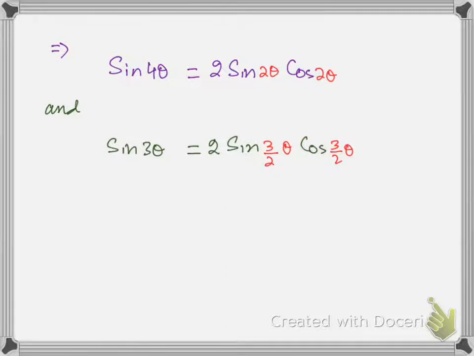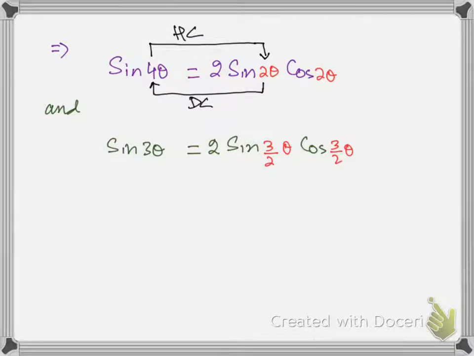Therefore, sine 4 theta, now you are going in this direction. The double of 2 is 4, and if you go in this direction, this will be half, and this will be double angle.